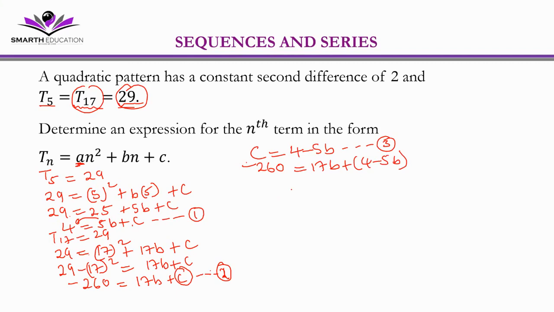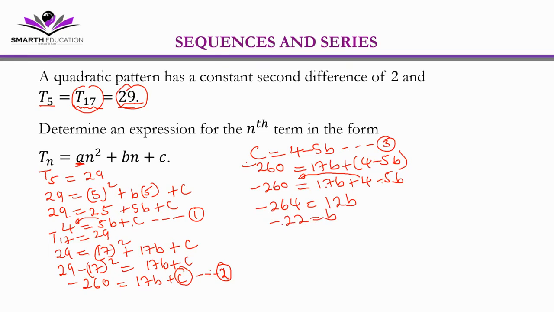What is 17b minus 5b? And then we transpose this 4 to this side and it becomes negative 264 is equal to 17b minus 5b, that is 12b. Then divide by 12 on both sides of the equation. We get that negative 22 is equal to b.